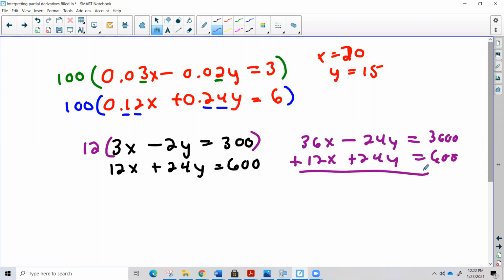I get 48x, these cancel, equals. Sorry, let me rewrite these. These are really sloppy. So this is 3,600 and this is 600. It's going to give me 4,200, and then I can divide 4,200 by 48.